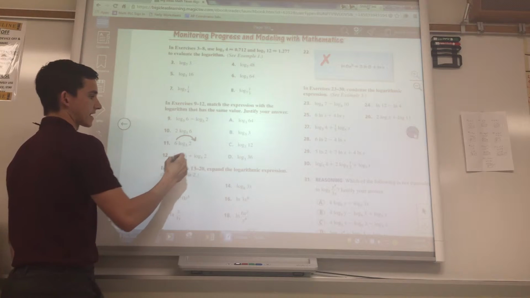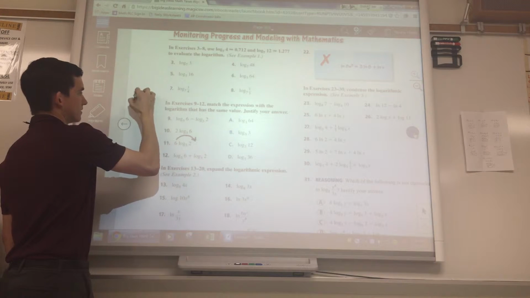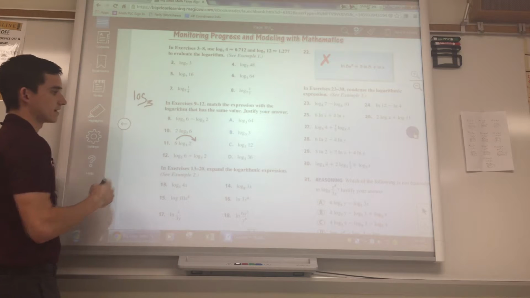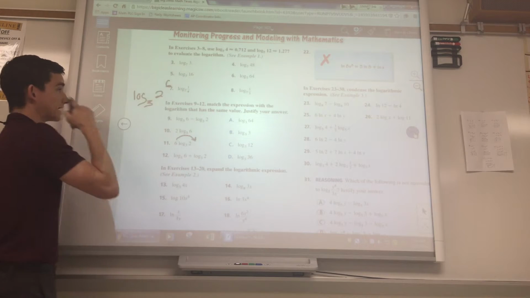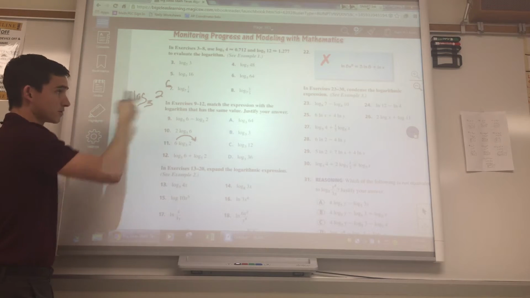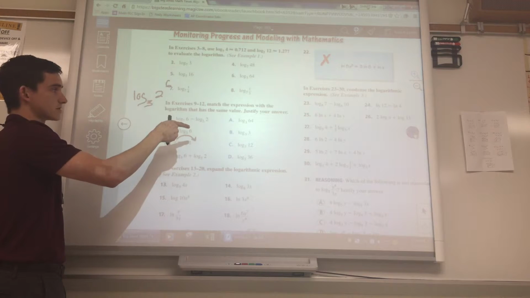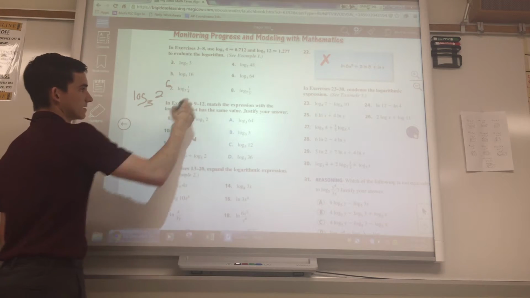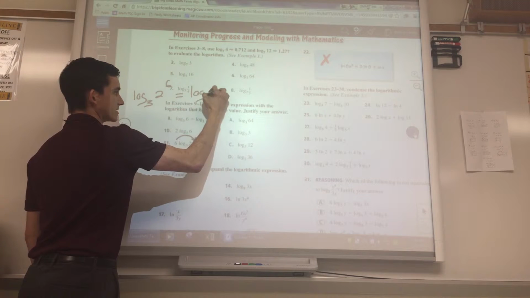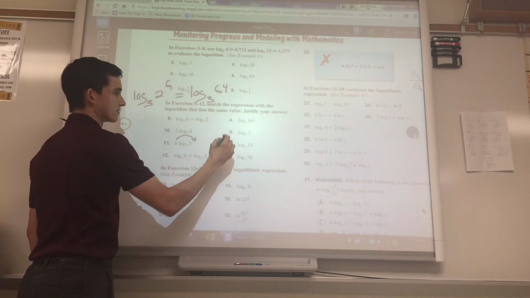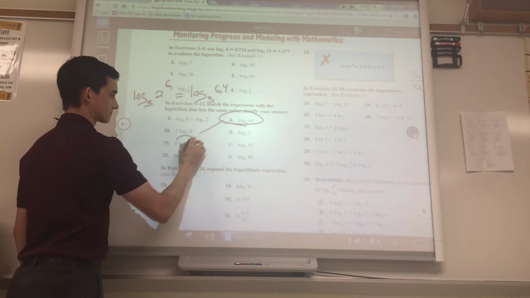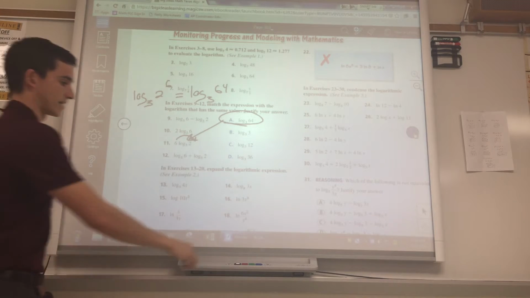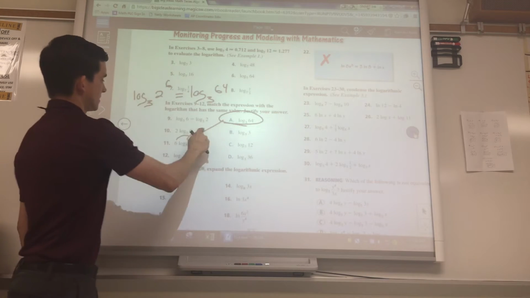So this is the same thing as log base 3 of 2 to the 6th power. And 2 to the 6th power, I know 2 to the 5th power is 32. So times 2, again, that's 64. So that should equal log base 3 of 64. So A goes with 11. Okay, I'm going to keep going now.